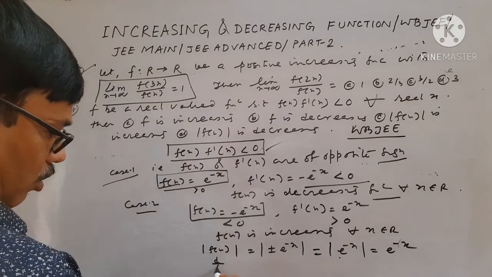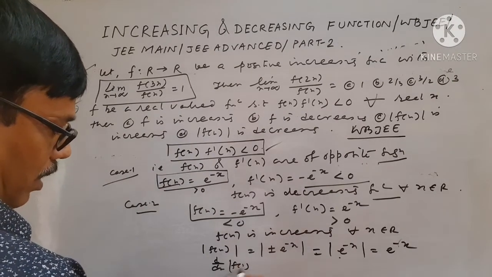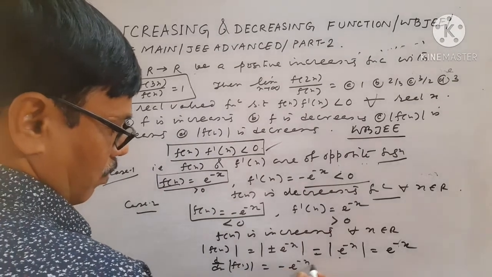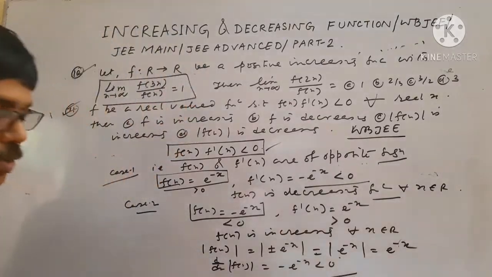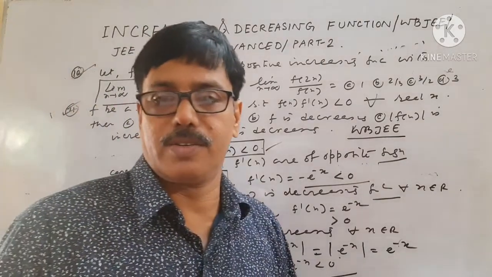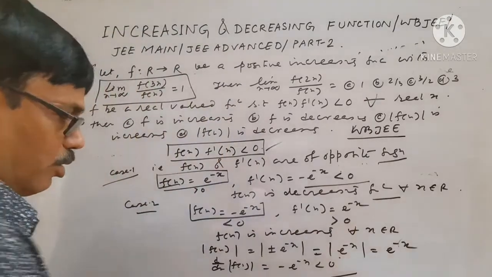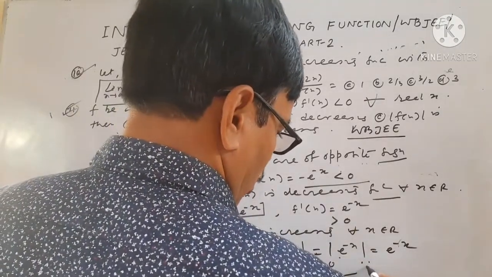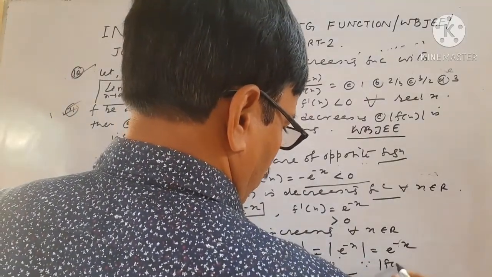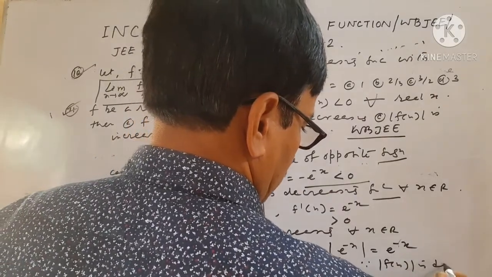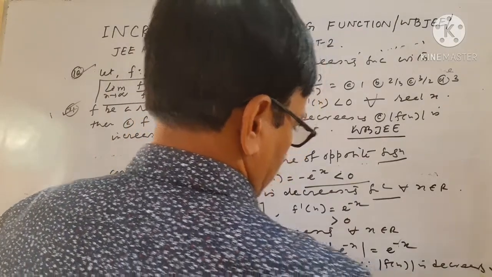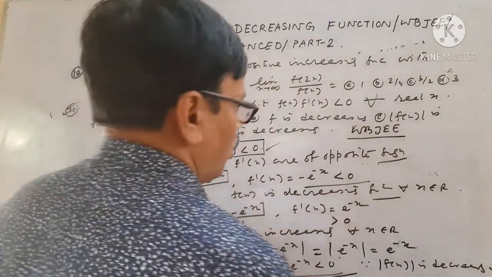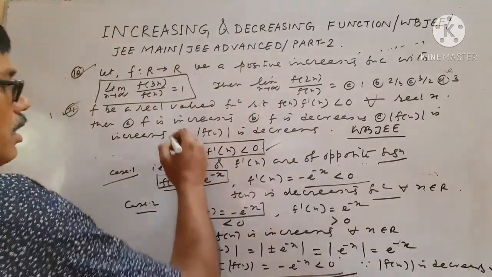So, d/dx of mod of fx, minus e to the power minus x, less than 0. So, what we can say? Therefore, mod fx is decreasing. In all cases, we can say mod fx is decreasing.